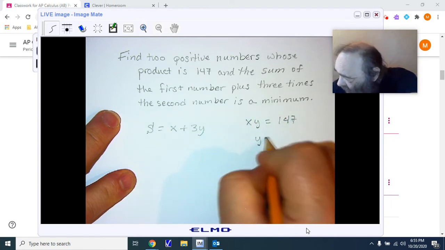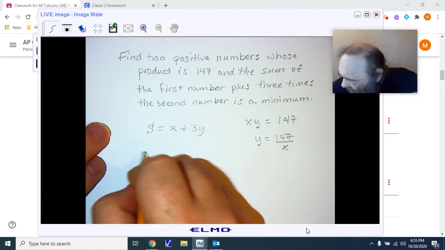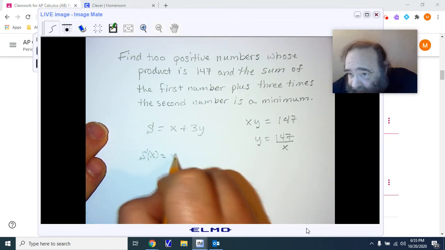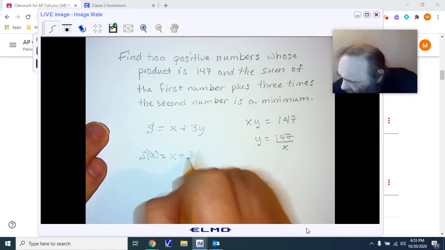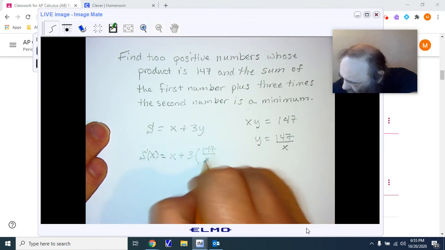I once again am going to go y equals 147 divided by x, so that my S in terms of x is going to end up being x plus 3 times 147 over x.